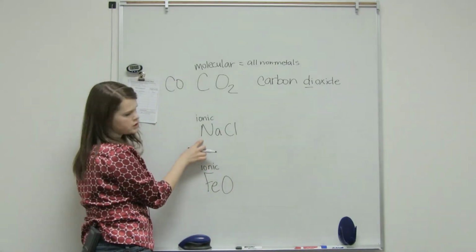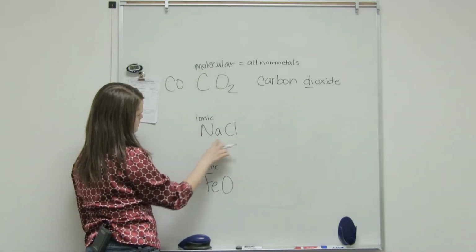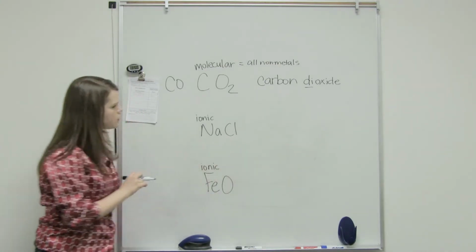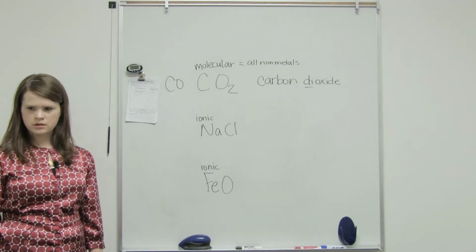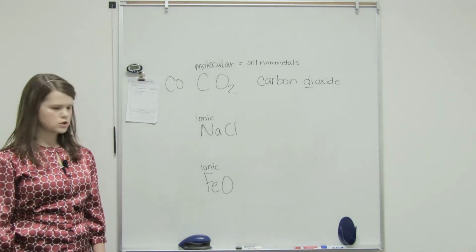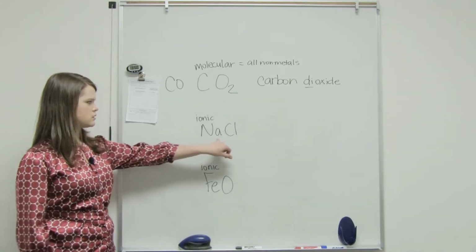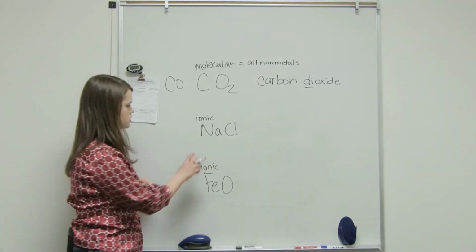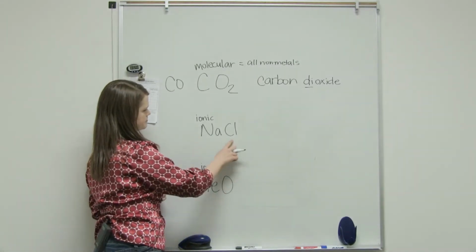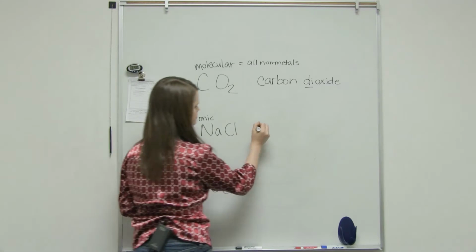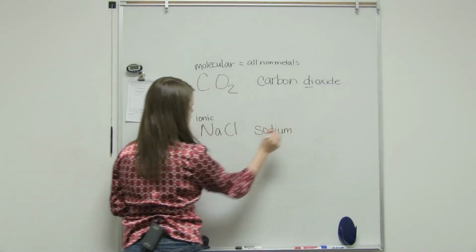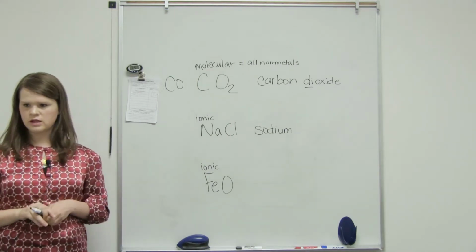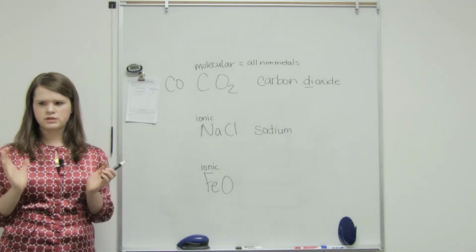Here's NaCl. We know it's ionic, and so with ionics, we state the cation's name, and we determine if we know its charge or not. So what's the cation's name? Sodium. Do we know sodium's charge off the periodic table? Yes. That means we don't need parentheses.